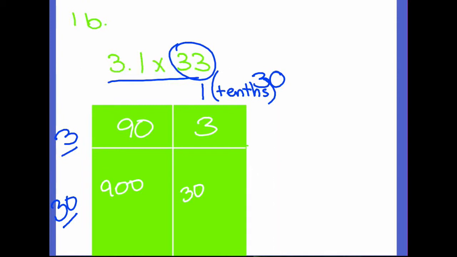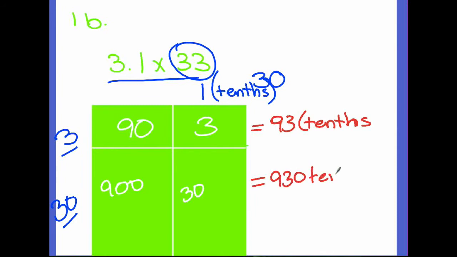Okay, I left my 30 behind, but at this point I don't care about the 30. So 90 plus 3 equals 93 what? And 900 plus 30 equals 930. Do you know why we did tenths for the bottom one also?